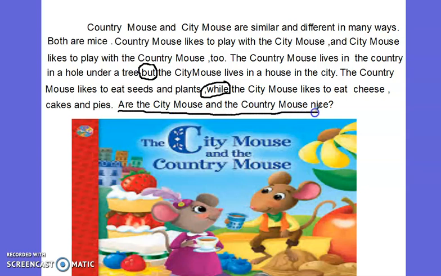We finished our paragraph. And this is the topic sentence. So, the topic sentence is country mouse and city mouse are similar and different in many ways. And this is the closing sentence. And in the middle, we have the details, the similarities and the differences in the paragraph.